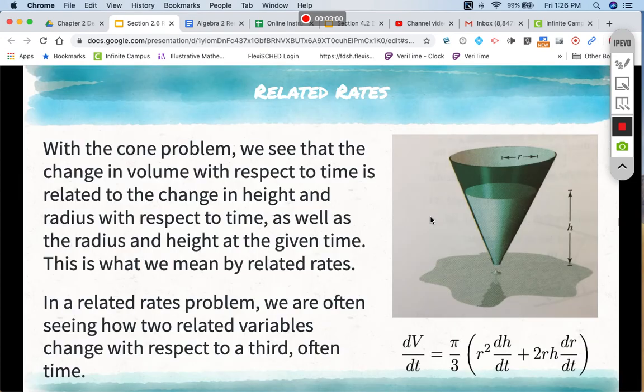So with this problem, the change of the volume with respect to time is related to how the height of the water in the cone is changing with respect to time, and it is also related to how the radius of the base of that cone is changing. So these are what we call related rates. We need all of these rates involved to play with this problem. So that's where we're headed with this section.